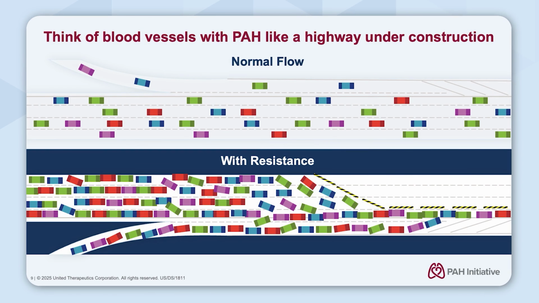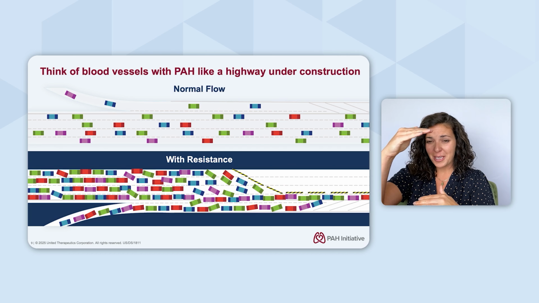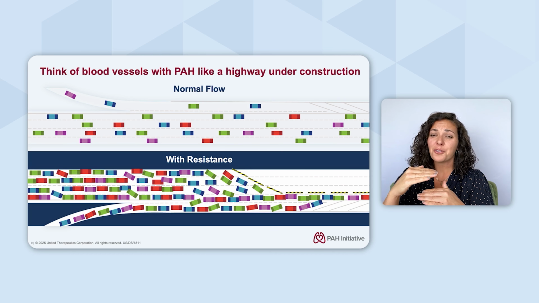An analogy I like to use with my patients is thinking about PAH like a highway. Here in Seattle, we have the famous I-5. Early in the morning, you have nice normal flow of traffic. But in the summer, which is the only time we do construction, we narrow down those lanes to 2 lanes.